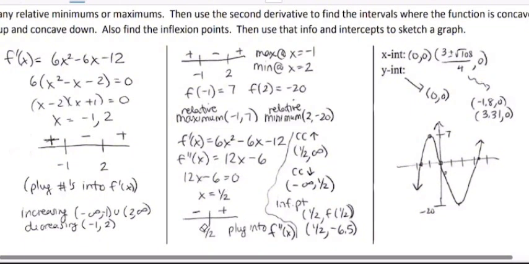So what we're trying to say here is that we have intervals from negative infinity to one half, and from one half to positive infinity, concave up and down. So the inflection point is going to be one half, f of one half, which gives negative 6.5.